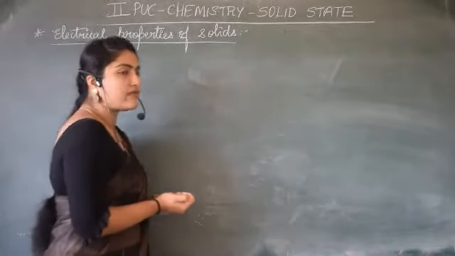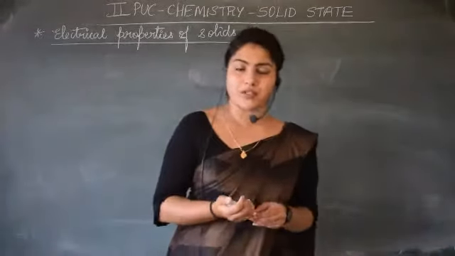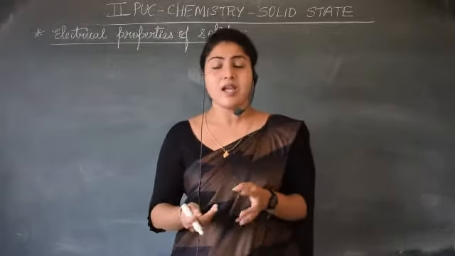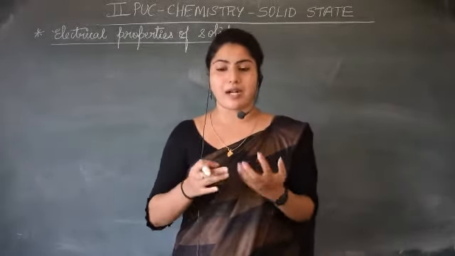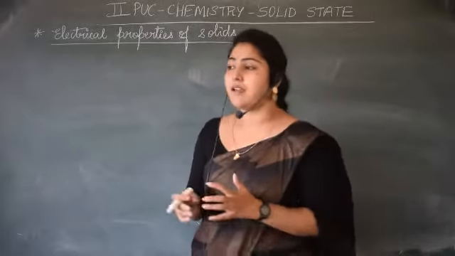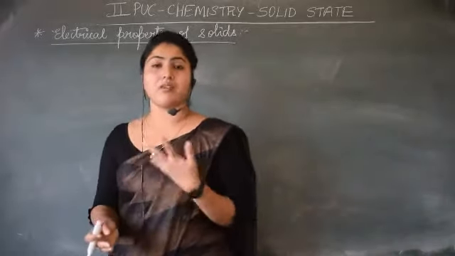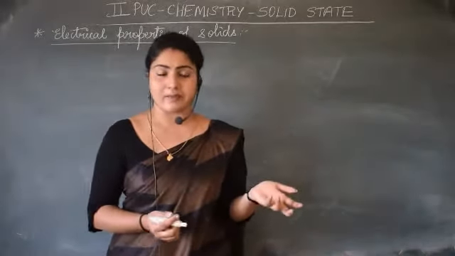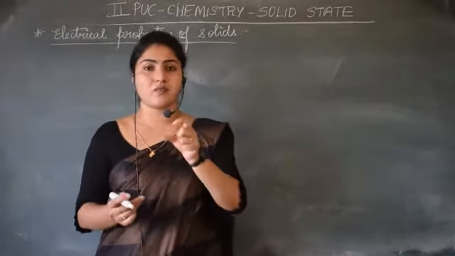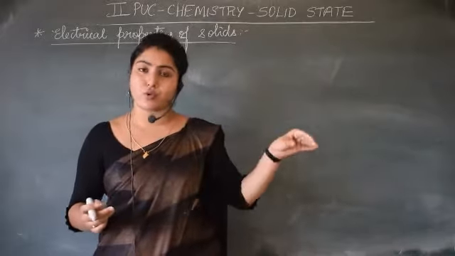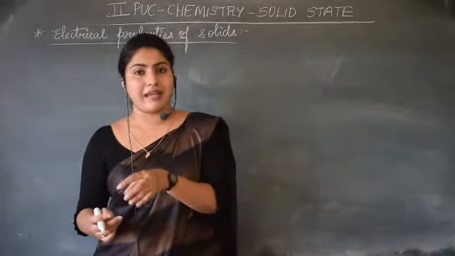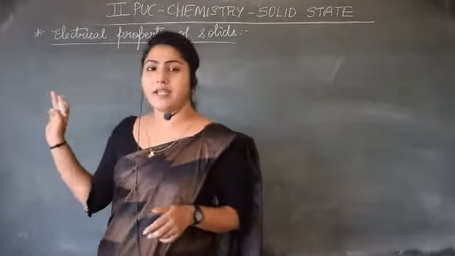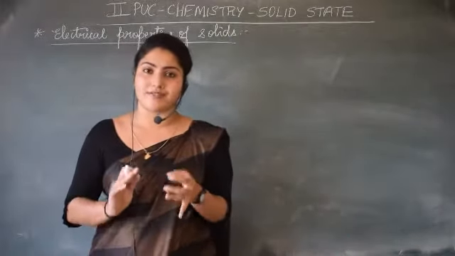Electrical properties of solids means how actually these solids show conductivities. Conductivity means we know conduction. For example, we say solids or metals are good conductors of electricity. Metals are good conductors of heat. How do we say that? It is when they can allow the heat to pass through it or the electric current to pass through it. Am I right?